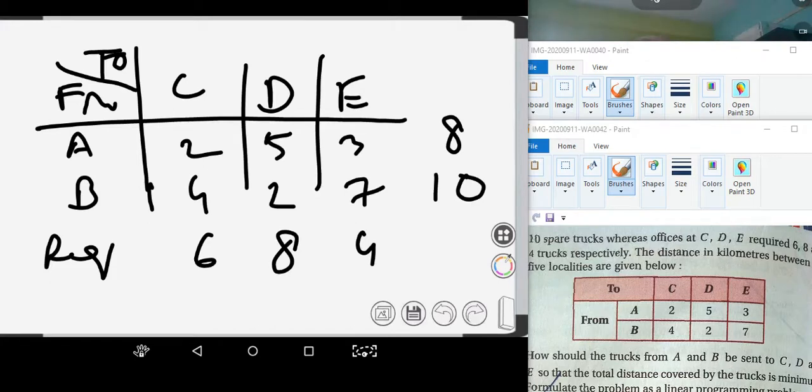So let's define two variables, x and y, which are my decision variables. x is the number of trucks that will be sent from A to C, and y is the number of trucks that will be sent from B to D. Then obviously C's requirement is 6, so if it has already obtained x trucks, from B to C it should be 6 minus x trucks.